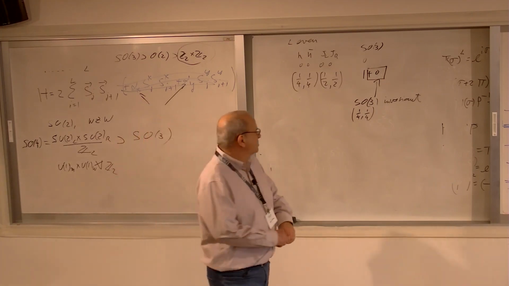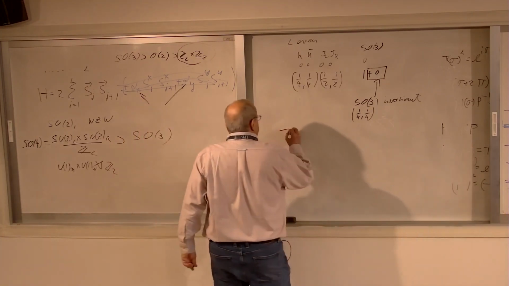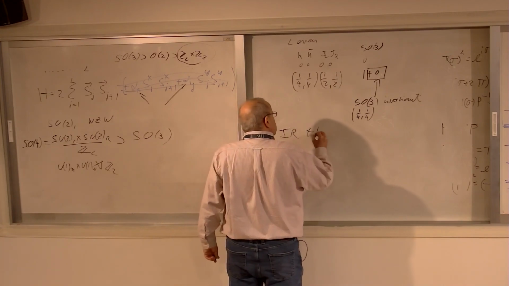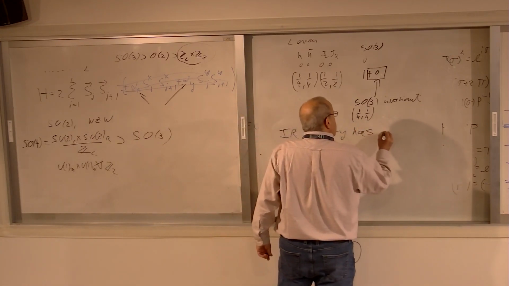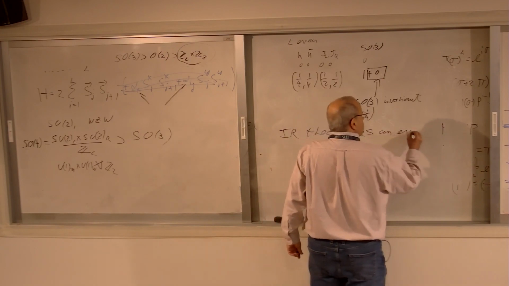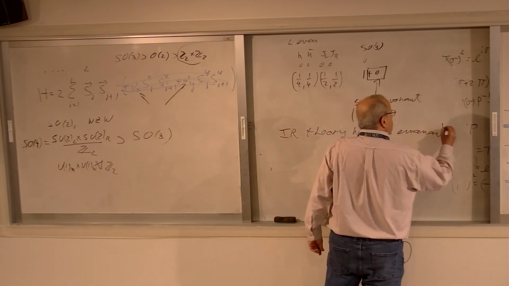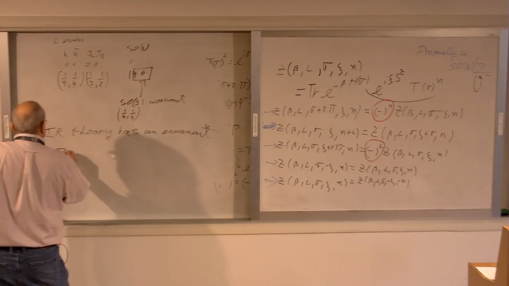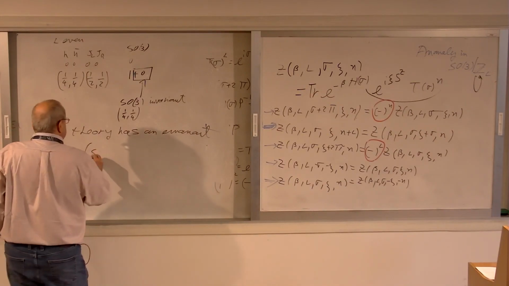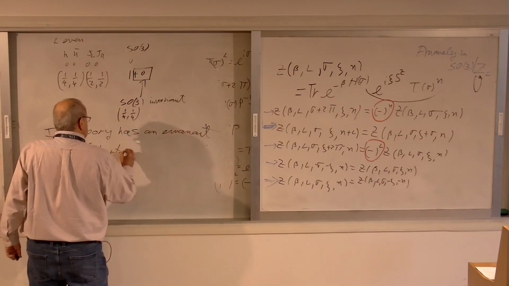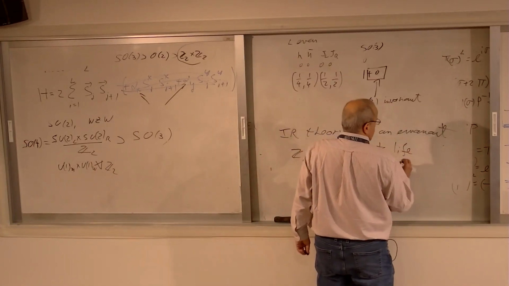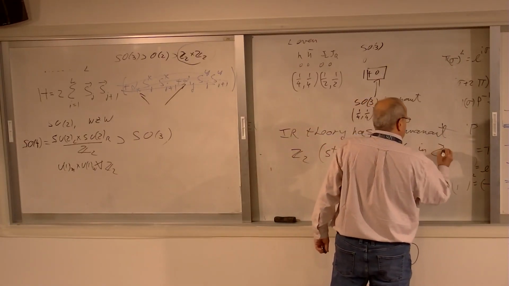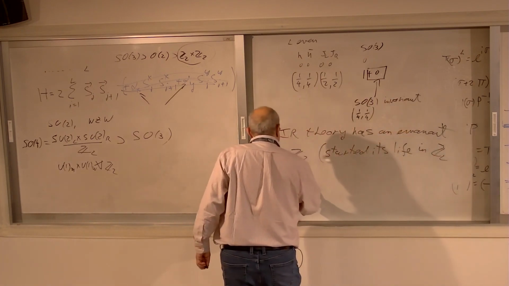So what we see here is that the IR theory has an emergent Z2 that started its life in Z_L of lattice translation.